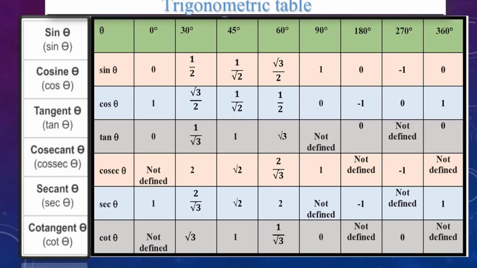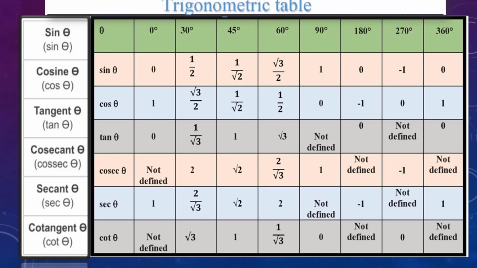There are two ways to find the value of tan 60. One, you need to learn the trigonometric table. Two, you could use a scientific calculator.